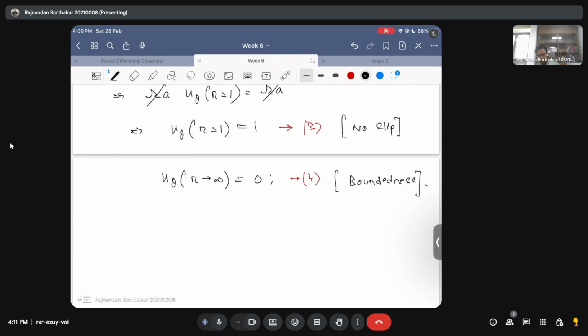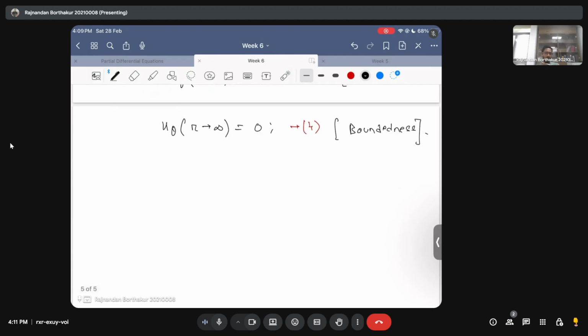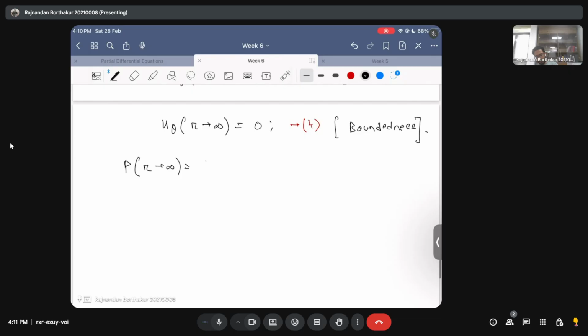Okay, that's the boundary condition for velocities. I also need to write the boundary condition for pressure. I know that my pressure when r tends to infinity is equal to some p naught. Remember this p naught is now non-dimensional because I'm writing everything as non-dimensional quantities.